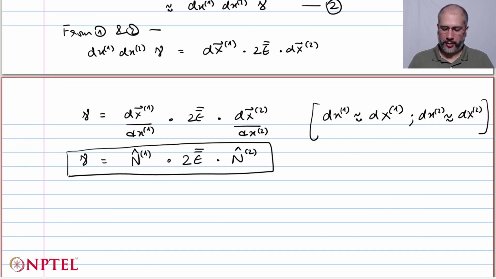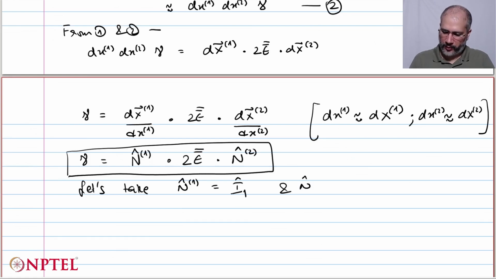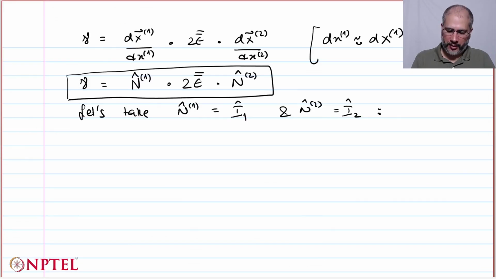Now we are almost there. Let's take n1 hat equal to I1 hat and the vector n2 hat as I2 hat. I1 hat and I2 hat are two unit vectors in the coordinate directions in the material coordinates. So if we do that, that gives us gamma as I1 hat dot twice epsilon dot I2 hat.